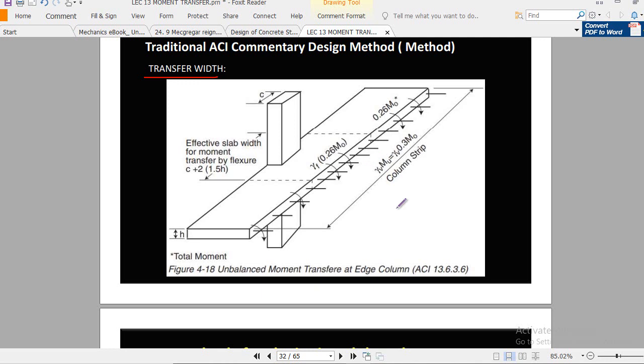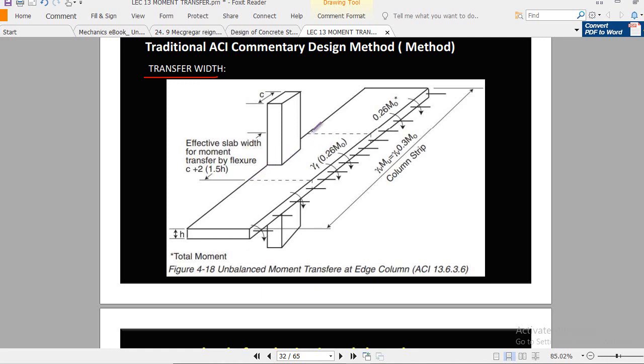So the moment which is directly transferred from slab to column is very important to understand. You have to provide some extra flexure reinforcement to transfer that extra moment.